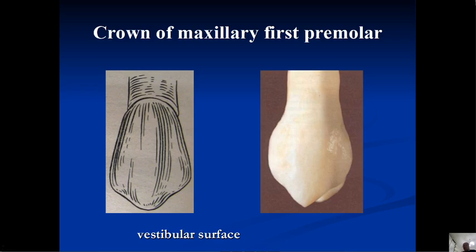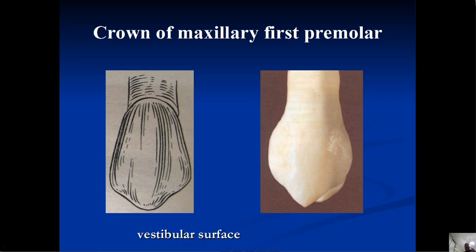Premolars are very special teeth. They are intermediate teeth between the front group and the lateral group, between molars on one side and canines and incisors on the other side.